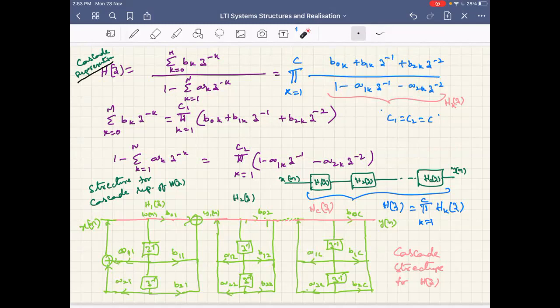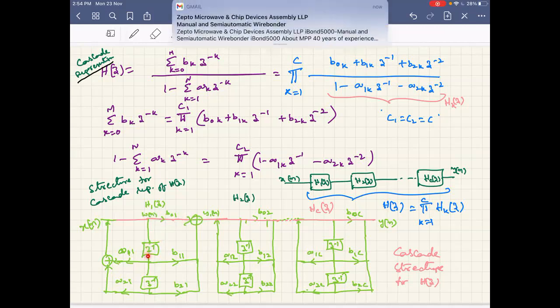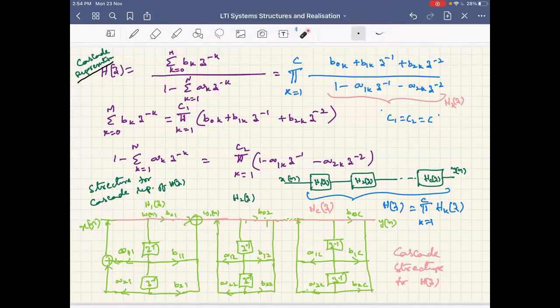Also, as you can see, say if I implement this, what will happen? Say H1 of z is one direct form 2 implementation of the second order system. You can see x of n into b01, plus w of n into b01, plus w of n minus 1 into b11, plus w of n minus 2 into b21.